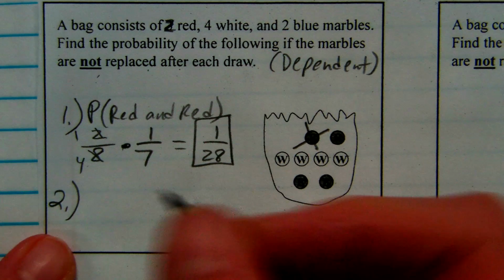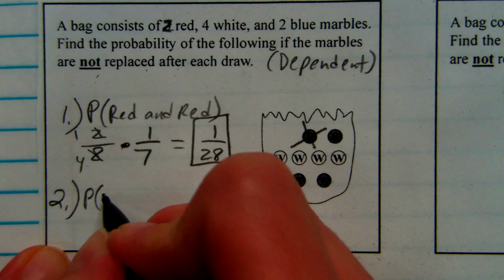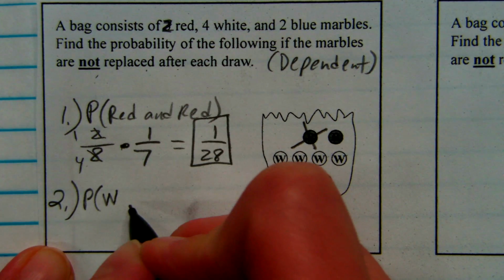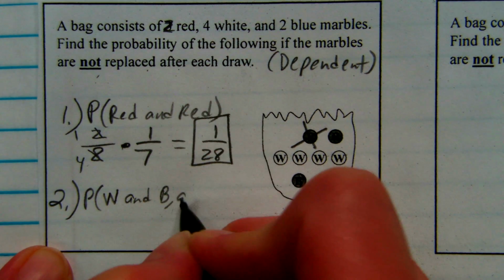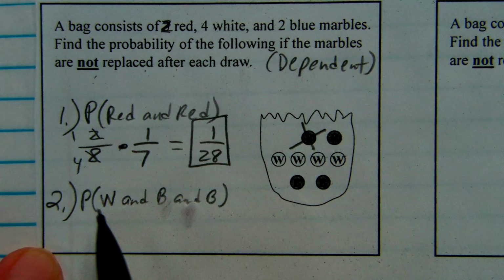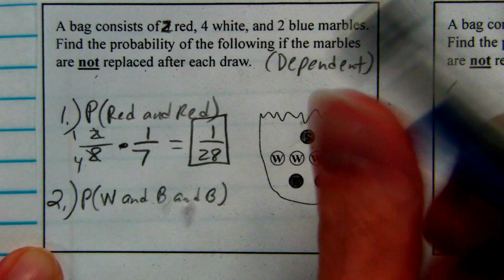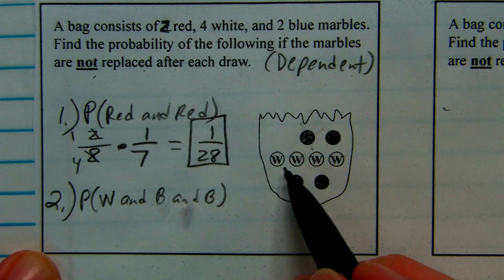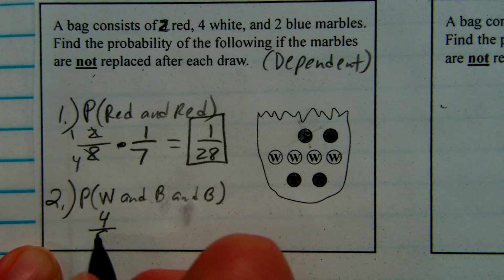Then let's do the probability of a W, I'm just going to use W for white, then a blue, and then a blue. Okay? So white, blue, and blue. So I'm going to take this off. So the probability of getting a white, there are 4 whites in the bag, is 4 out of 8.